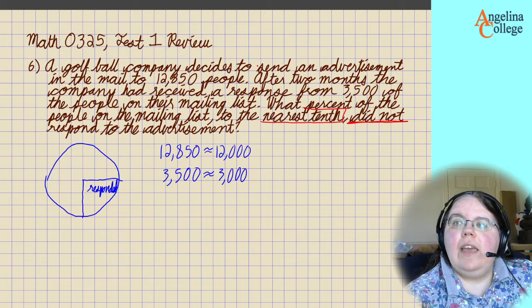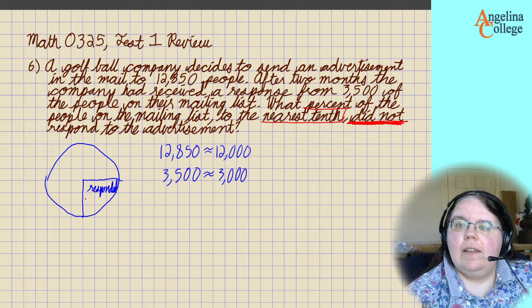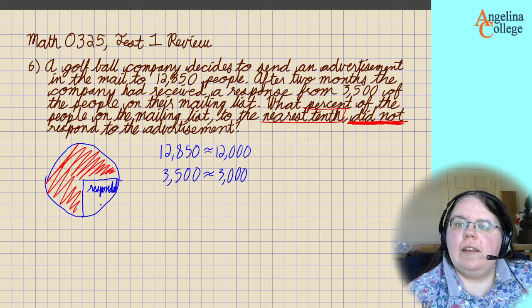Now here's the catch. We're looking for the ones who did not respond. So that will be these over here. So how many is that? Well, the number who responded was exactly 3,500.